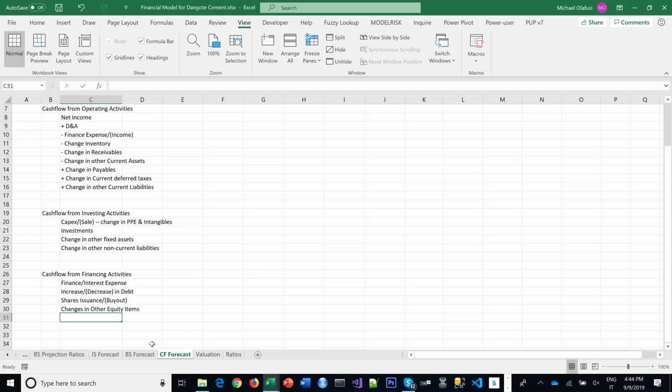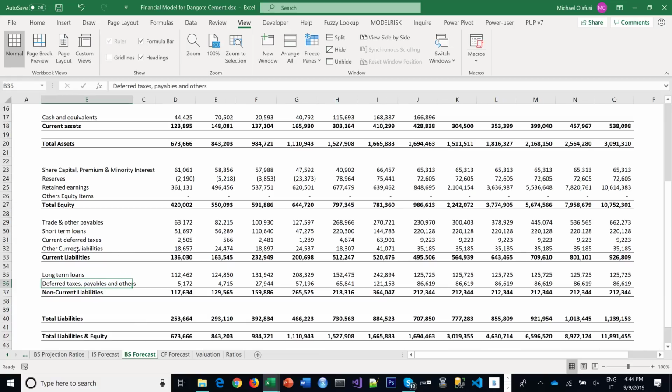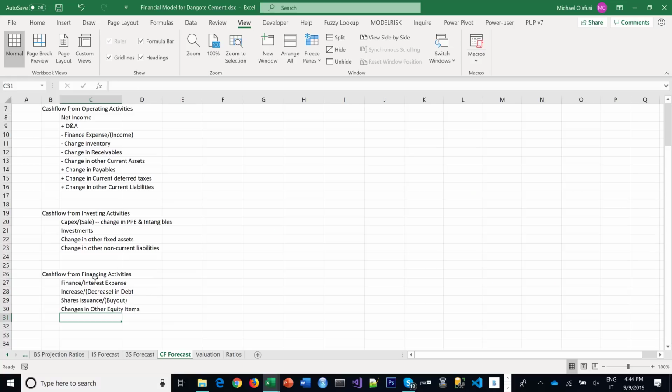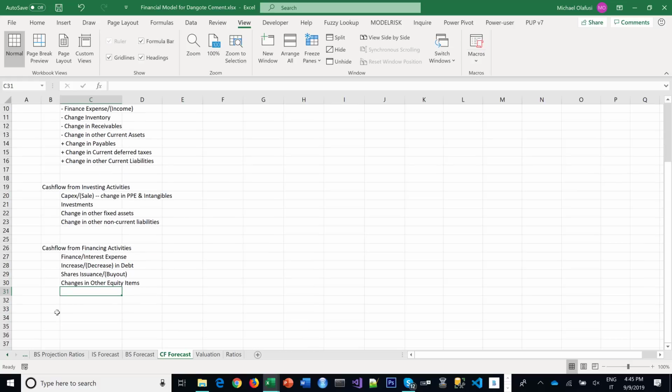I'm going to bundle them as that, so that way it's faster, right? Okay, so that becomes my cash flow from financing, and with that I'm going to be able to get the net cash flow. So net cash flow.